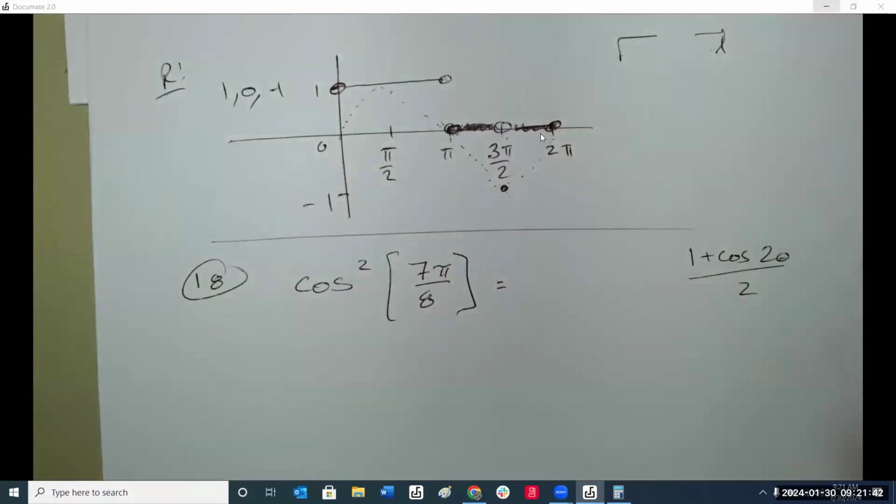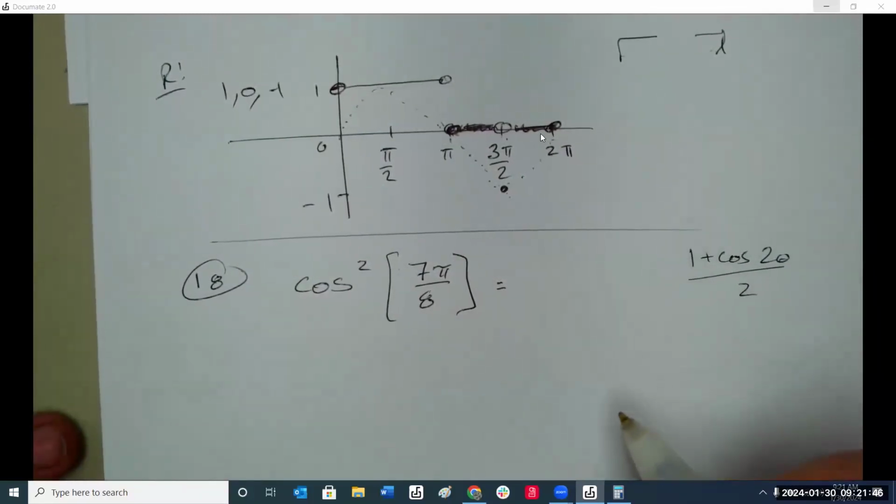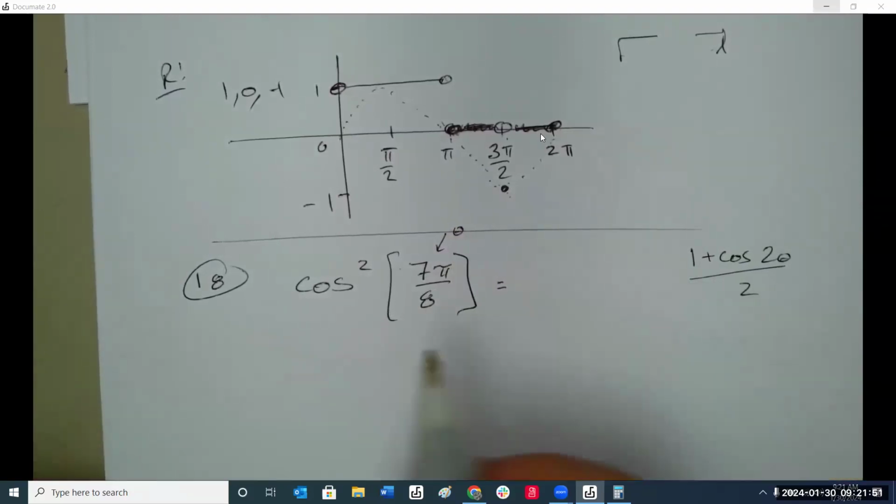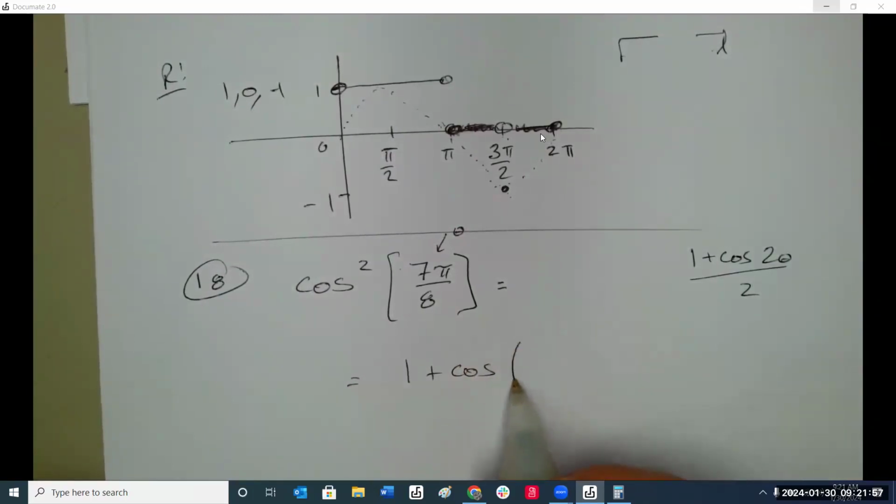Yes. That's the half angle? Yeah. Right, and so this is theta. We have 1 plus cosine 2 times 7 pi over 8 over 2.